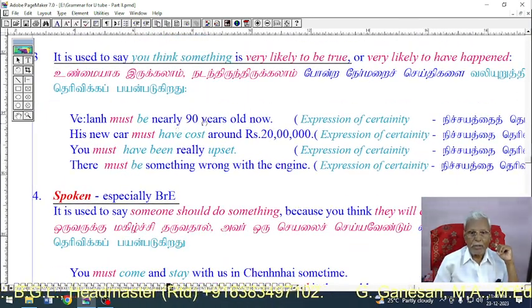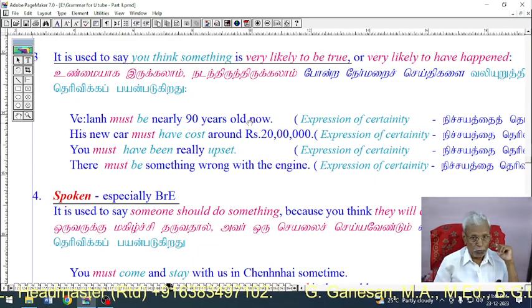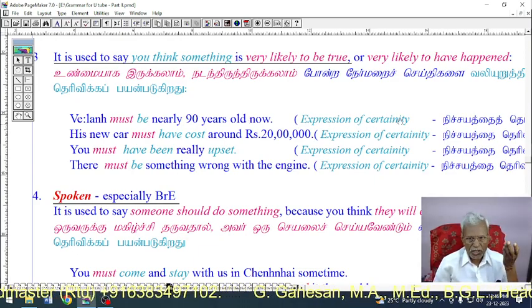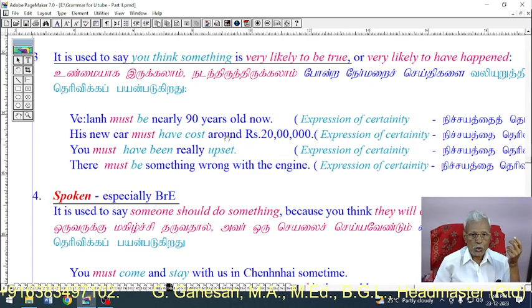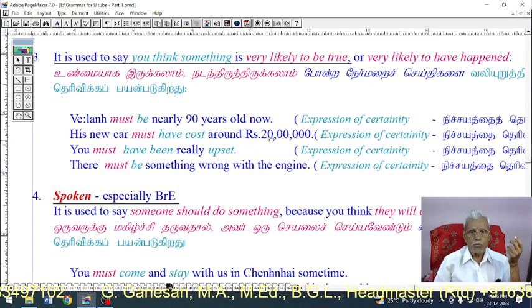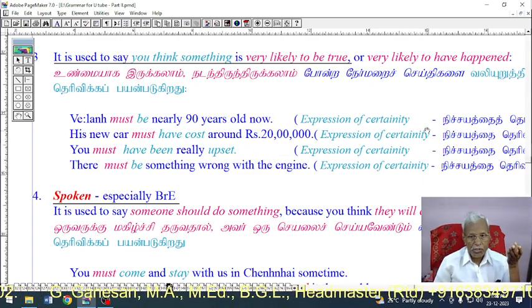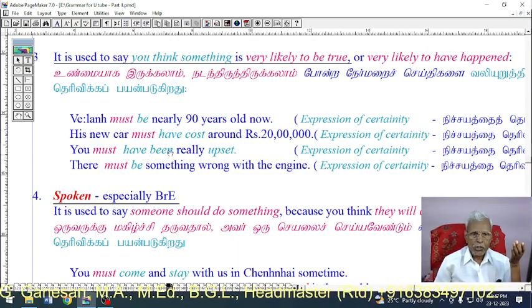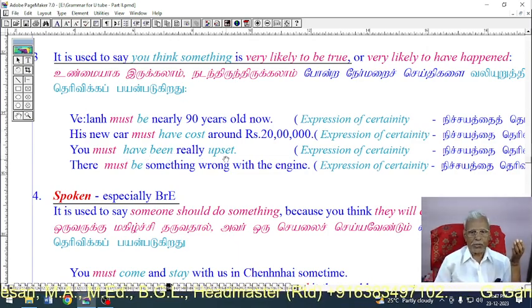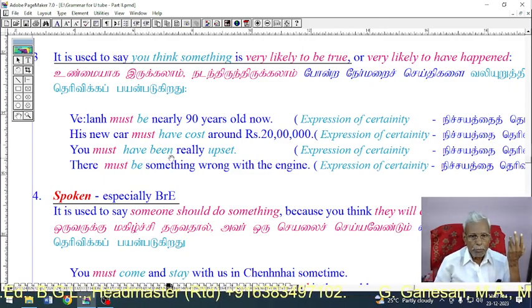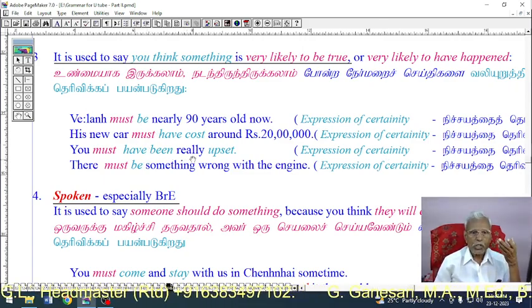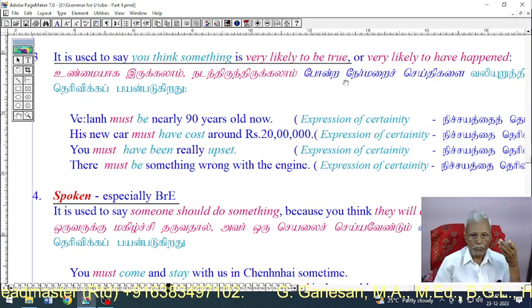Velen must be nearly 90 years old now. Expression of certainty. His new car must have cost around rupees 20 lakhs. Expression of certainty. You must have been really upset. Expression of certainty. This is the passive form.